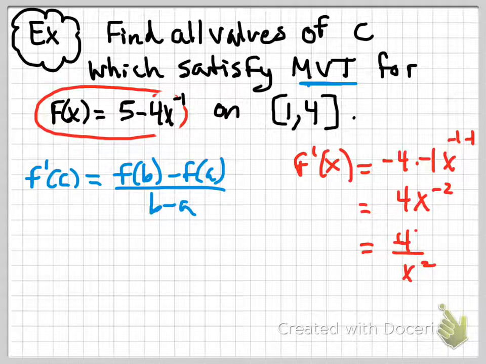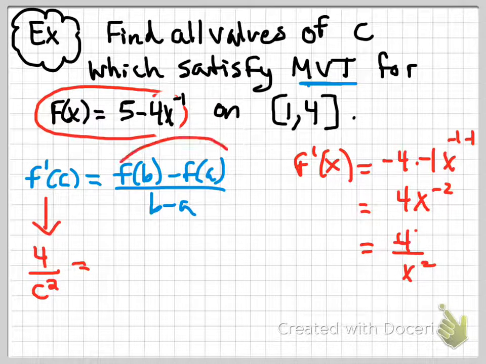So this piece, f prime of C, is going to equal 4 over x squared, but instead it's going to be c squared. 4 over c squared. That's my derivative at C. We're going to set it equal to f of b minus f of a all over b minus a. So we need to figure out this next. So let's make some space here. I'm going to delete some of this work so I have a little more room.